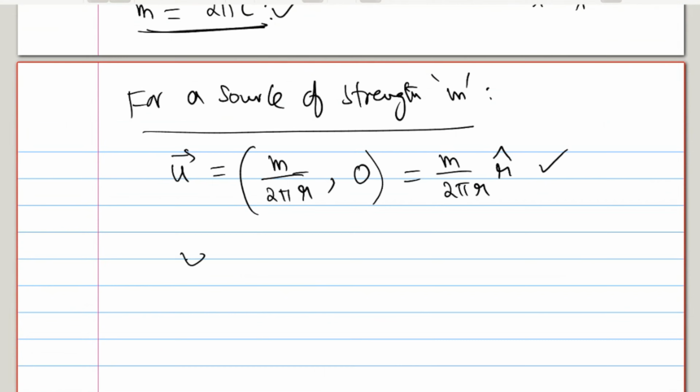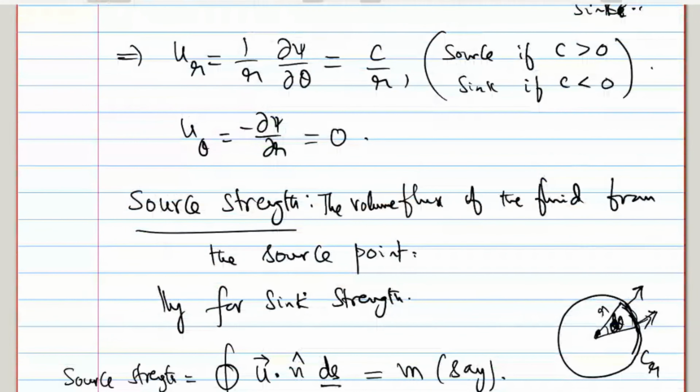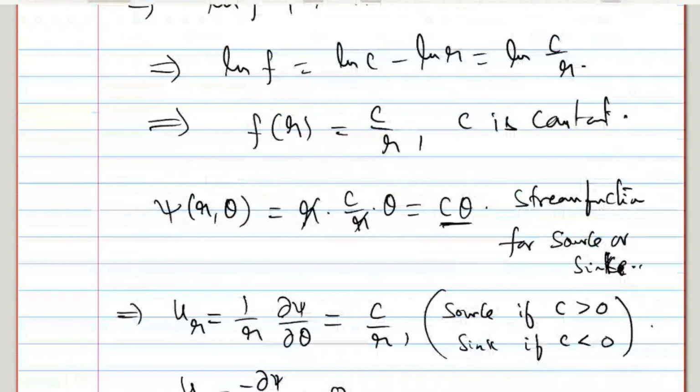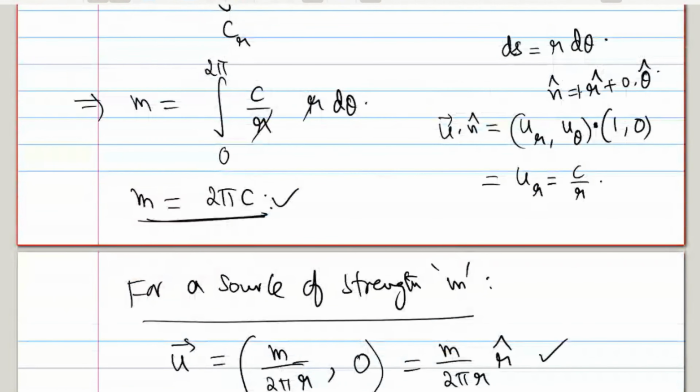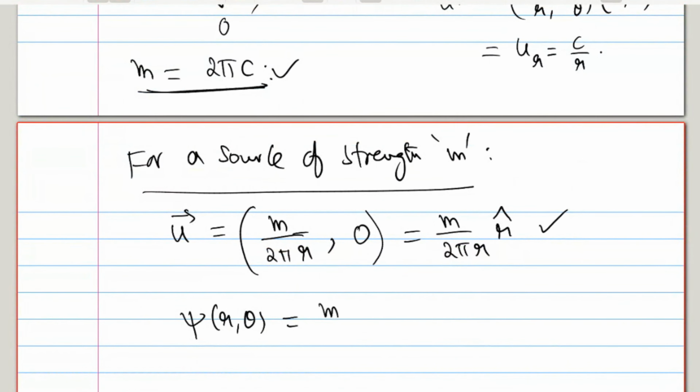What is your stream function? Psi of r, theta, for a source of strength M. Psi is basically C into theta, and C is M by 2 pi, so psi is M theta by 2 pi.